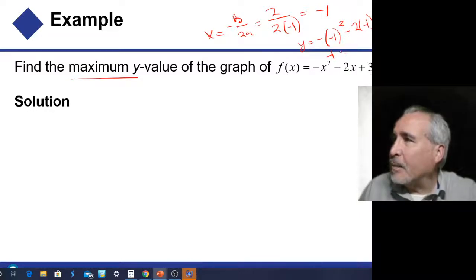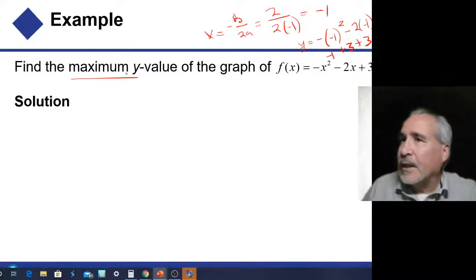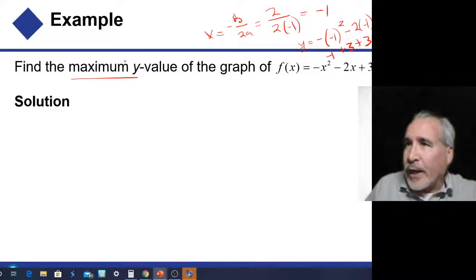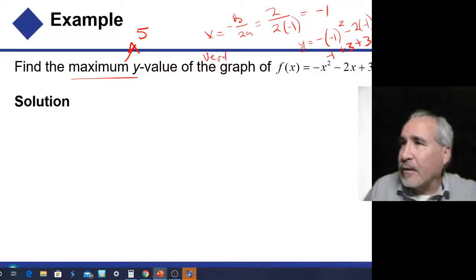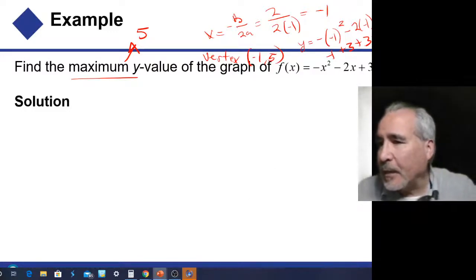Negative times a negative is positive, so you get a +3, and then you get a +3. So -1 plus 3 is 2, plus 3 more is 5. So the direct answer to this is the maximum y value is 5. Okay, because the vertex is the point -1, 5.